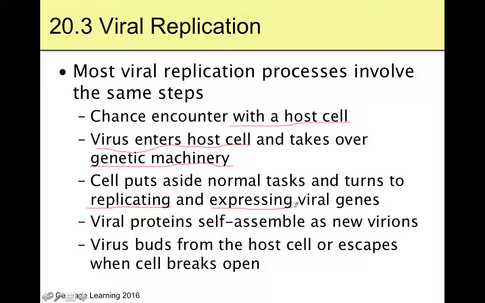It expresses viral genes because in the process of expressing the viral genes, it's building the viral proteins. The viral proteins are made to build the new capsid. So you copy the information, you express the information, you make the new proteins, you make the capsid, you put the copies of the information inside the capsid, and you have successfully made one baby virus.